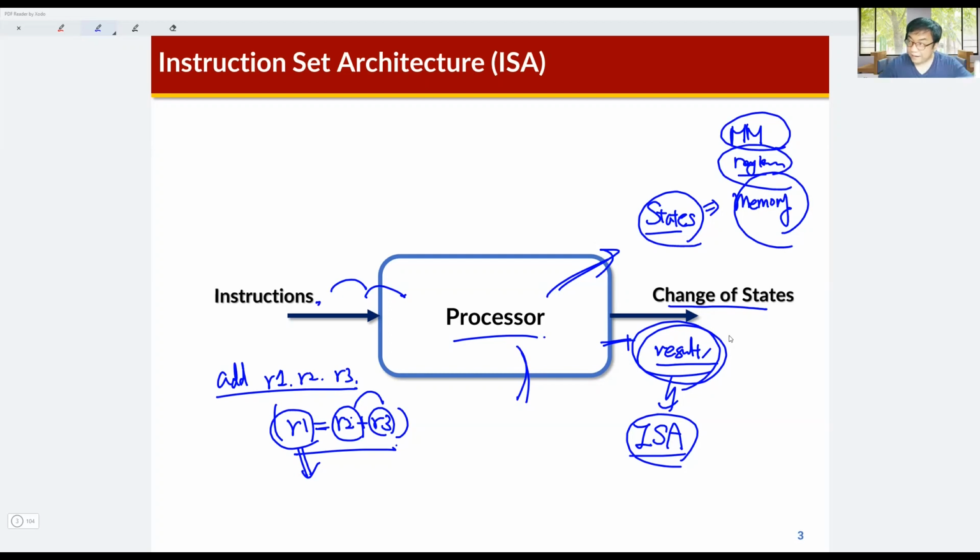If a certain data is changed, that means the change of state. So an instruction is given, and based on its definition, the processor changes the data. This is the behavior of the computer processor, and this behavior is defined by the instruction set architecture.